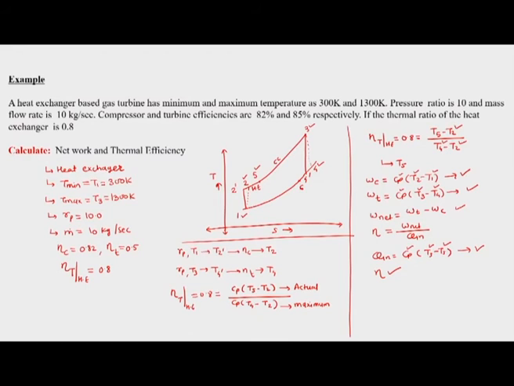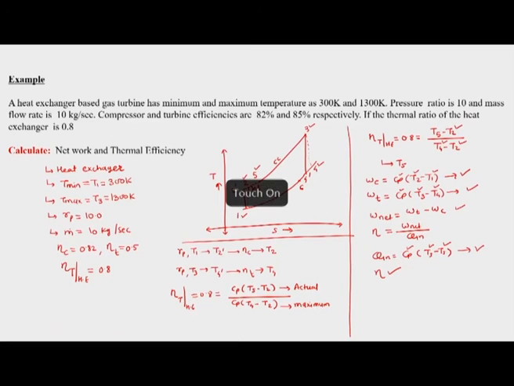Then in case of the gas turbine based power plant with heat exchanger plus intercooler plus reheater, we would have efficiencies of multiple compressors which might be different, and multiple turbines which might again be different. Such an example would lead to additional complexity, since we have 2 turbines with 2 efficiencies and 2 compressors with 2 efficiencies. But the problems are simple from the perspective that we have now established the procedure for how to solve the example.